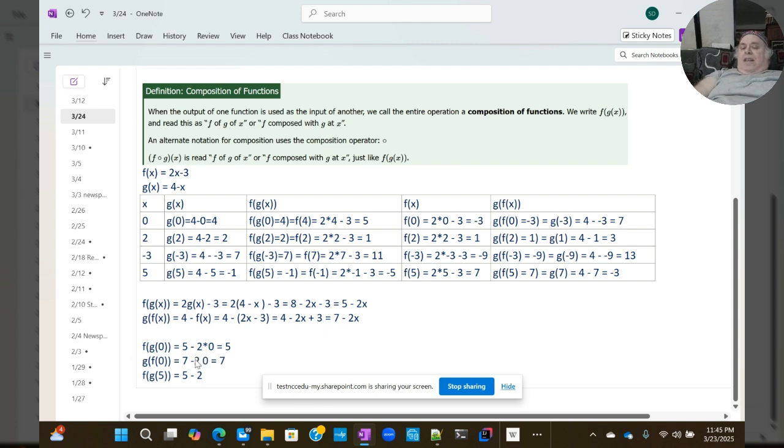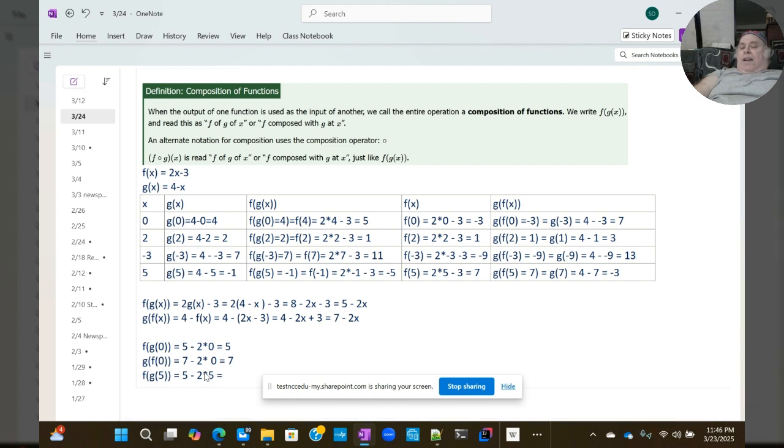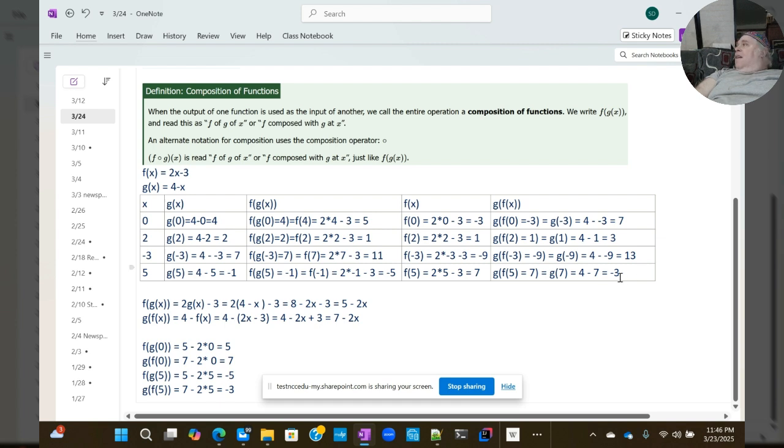I just didn't notice that because it really doesn't matter. But in this case, it's 5 minus 2 times 5, which is equal to minus 5, which is exactly what we got here. And then g of f of 5 is going to equal 7 minus 2 times 5, which is going to equal minus 3. And that's exactly what we got here.